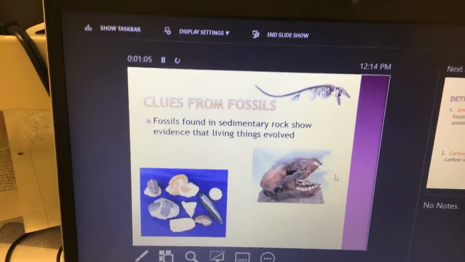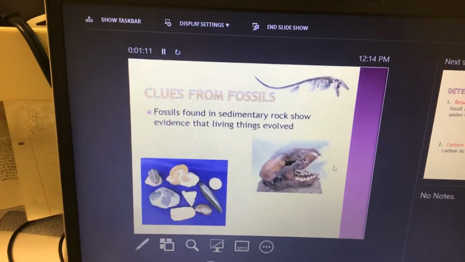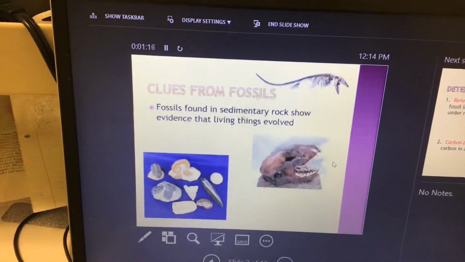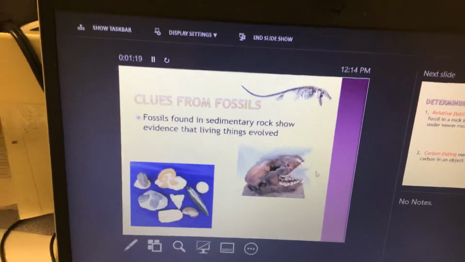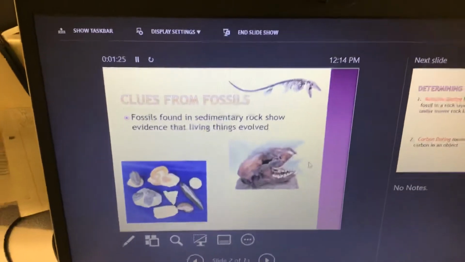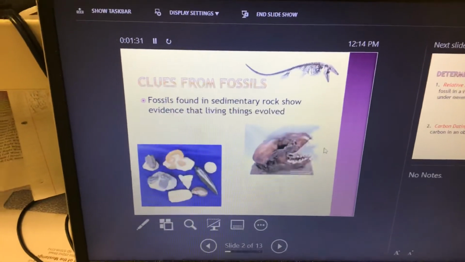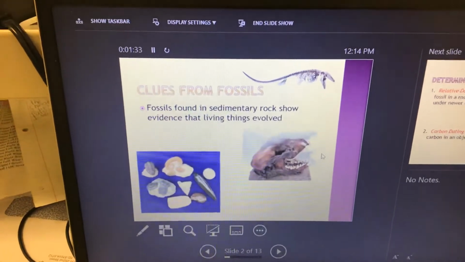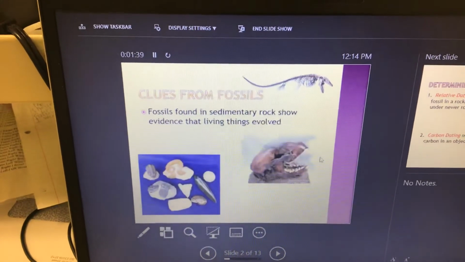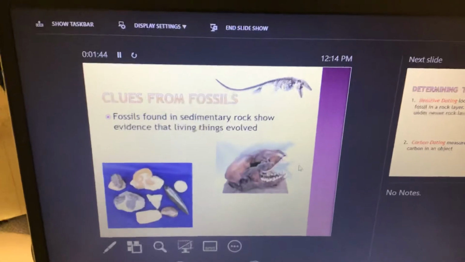If I find a fossil deep in a rock of a saber-toothed cat, and then higher up in the rock I find another fossil of the same cat, but it has shorter teeth, and then I find a fossil closer to the surface of the same cat with no long teeth, they're all short, I could probably conclude that the cat over time lost those sabers, those big incisors. So I can look at fossils and see what's going on.